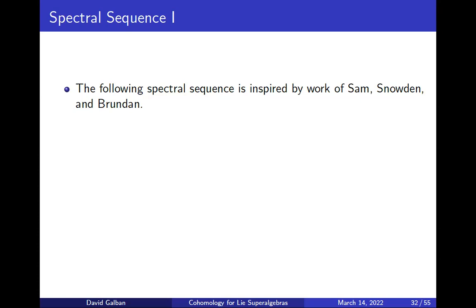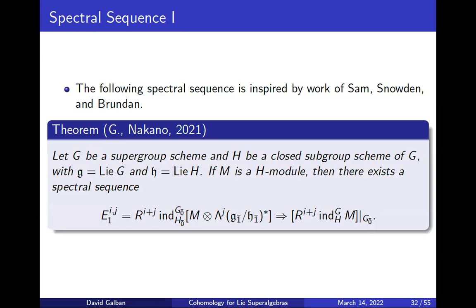So this first spectral sequence, which I'm just going to call henceforth spectral sequence 1, was inspired by work of Sam, Snowden, and Brundan. And what it says is that if G is a supergroup scheme and H a closed subgroup scheme of G, with little g just being the Lie algebra of G and little h being the Lie superalgebra of H, if M is an H module, then there's going to exist this spectral sequence with first page E_1^{ij} just being the (i+j)th right-derived functor of induction from the even portion of H to the even portion of G, of M tensor lambda^j of (g_1 mod h_1)^*.